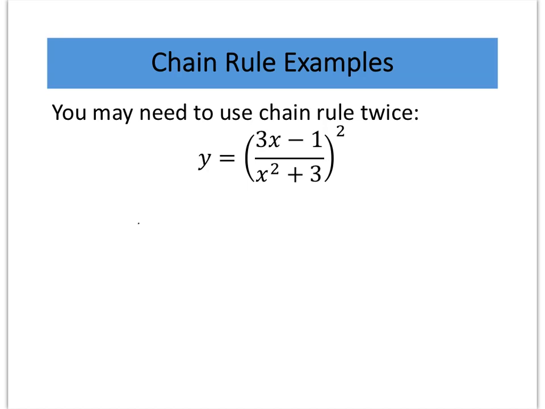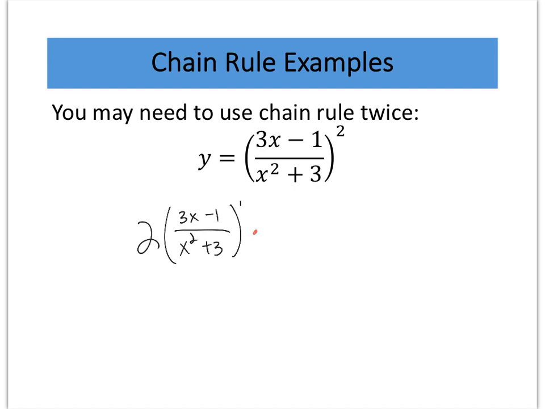I'm going to do 2 stuff to the power of 1, so 3x minus 1 over x squared plus 3, times, the chain rule says I need to take the derivative of the inside stuff. This was to the power of 1, times the derivative of the inside stuff, which here, I have to use the quotient rule.